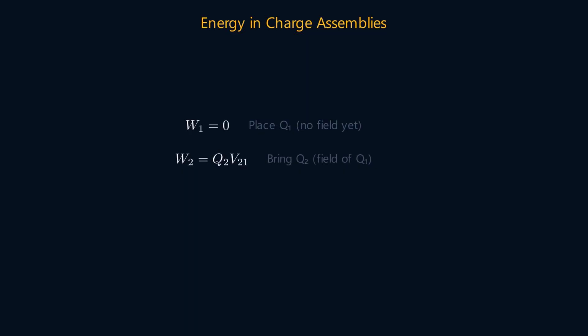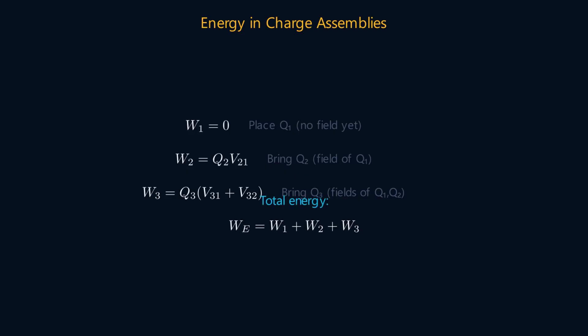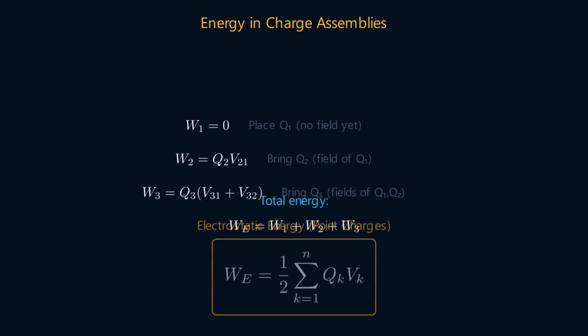How much energy is stored when we assemble a collection of charges? Consider positioning 3 point charges one at a time. The first charge, Q1, costs 0 energy. There is no existing field. Bringing Q2 to its position requires work equal to Q2 times V21, where V21 is the potential at P2 due to Q1.